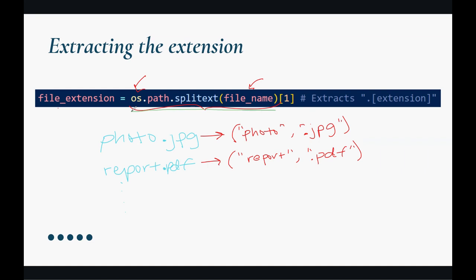This part here underlined in green is giving us this list of the file name that is given. In this case, we're looking at photo.jpg and splitting it into the two components, photo and .jpg. The final component of this assignment is extracting the element at index 1.